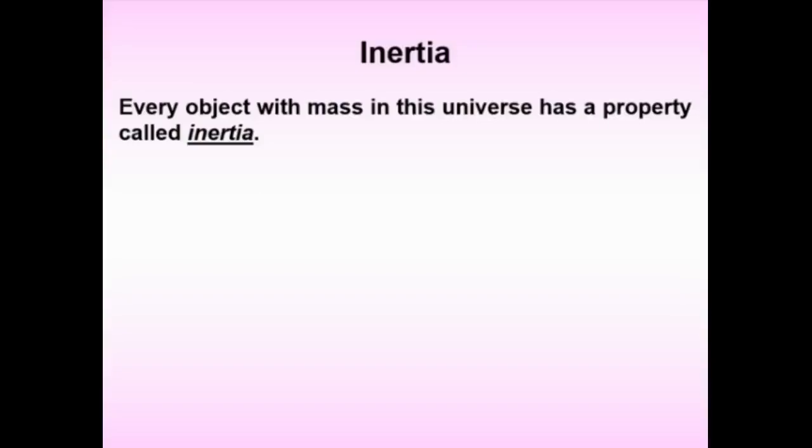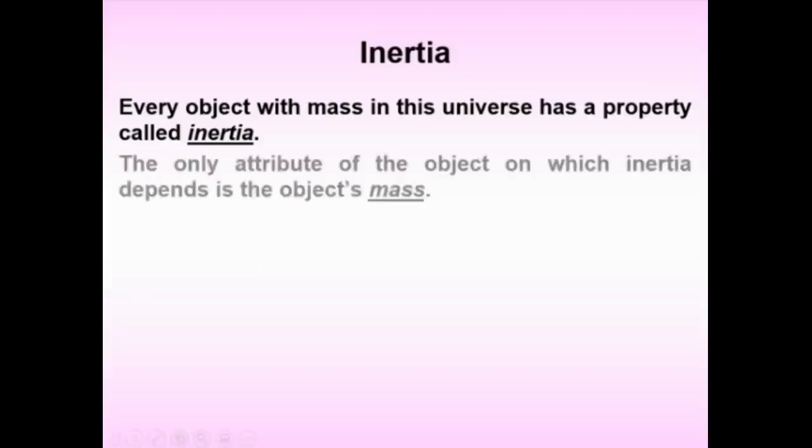It just has to have some mass. So what's the only particle in the universe that doesn't have inertia? Light, because what's the actual particle name? Photon. Photon doesn't have mass, which means it does not have inertia. It interacts through a whole different set of rules. The only attribute of the object on which inertia depends is the object's mass.